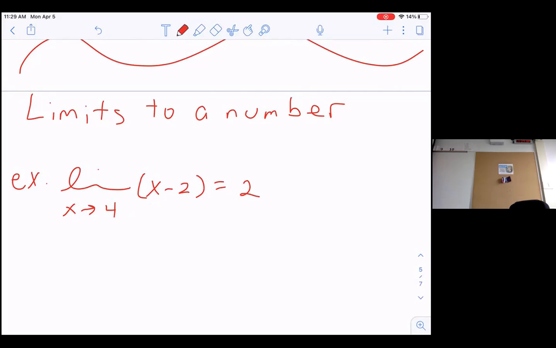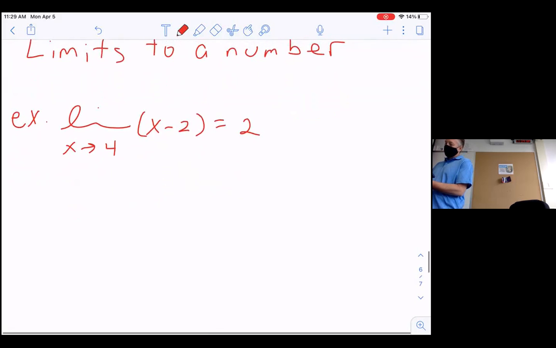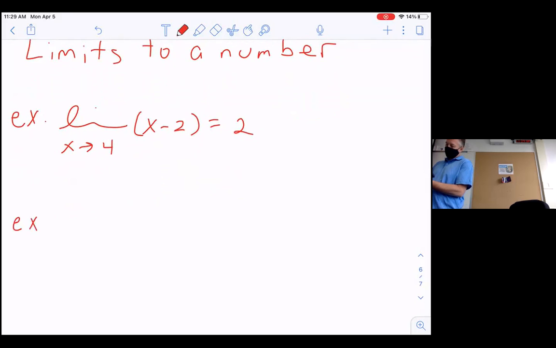Now, sometimes when you plug it in, though, you get weird things that happen, and that's where we're headed. But always try and plug it in first. Let me give you a similar example. So let's say we want to find the limit as x goes to 4 of x squared minus 6x plus 8 over x minus 2.